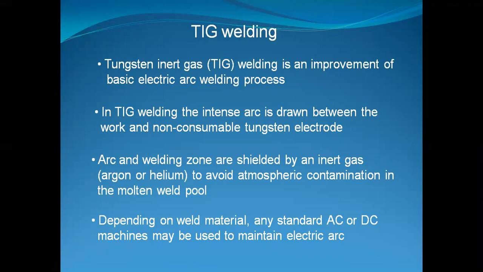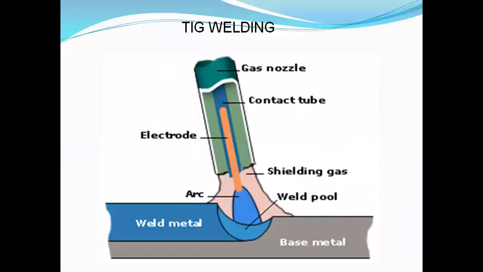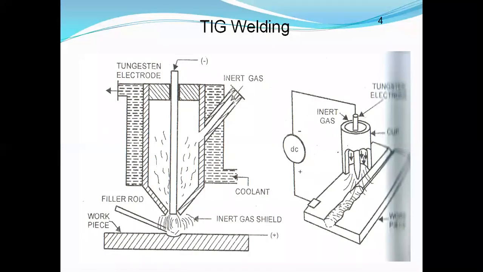By seeing the diagram, we can easily observe the process. Observe here: this is the workpiece, right? We are going to weld this material, and this is the element that produces the electric arc, the tungsten electrode. It is a non-consumable electrode.